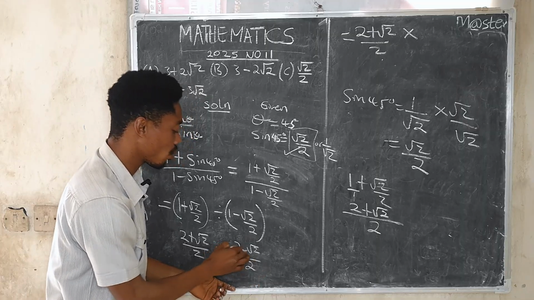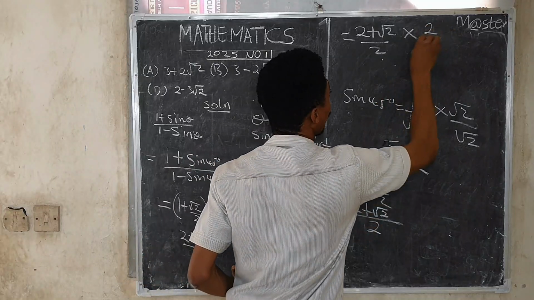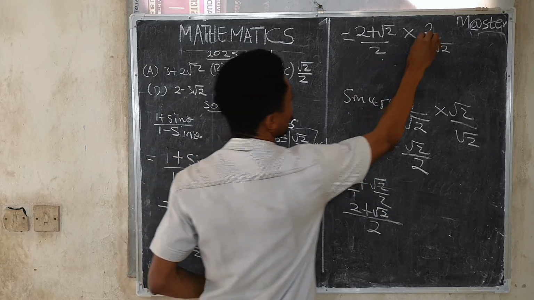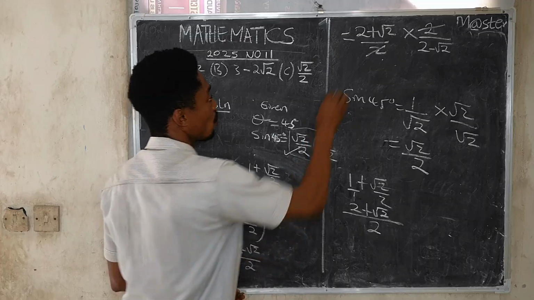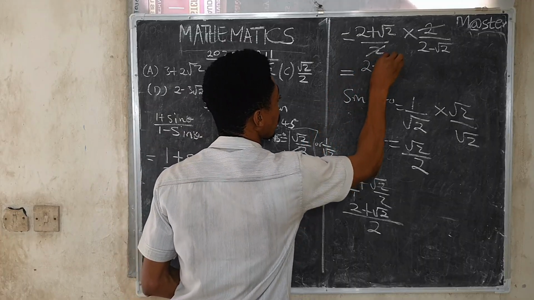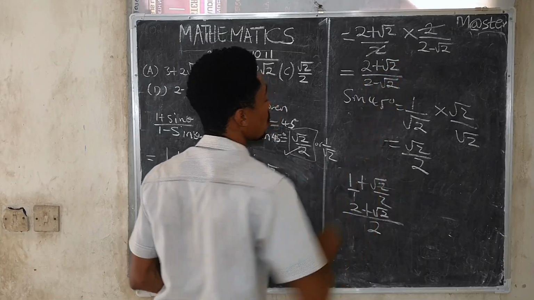The reciprocal of 2 minus root 2 all over 2 gives me 2 all over 2 minus root 2. If you check what is happening there, 2 down cancels 2 up. So what I have left is 2 plus root 2 all over 2 minus root 2.